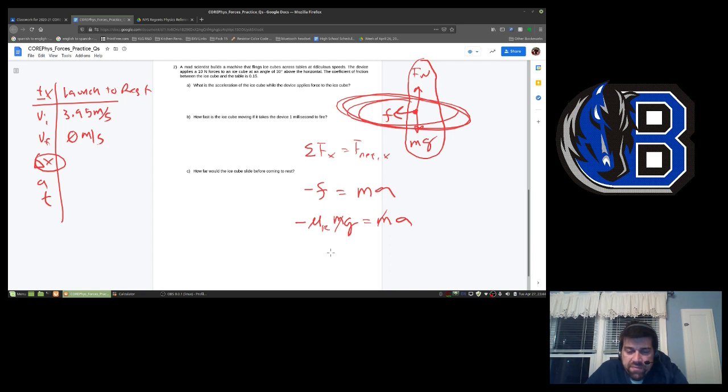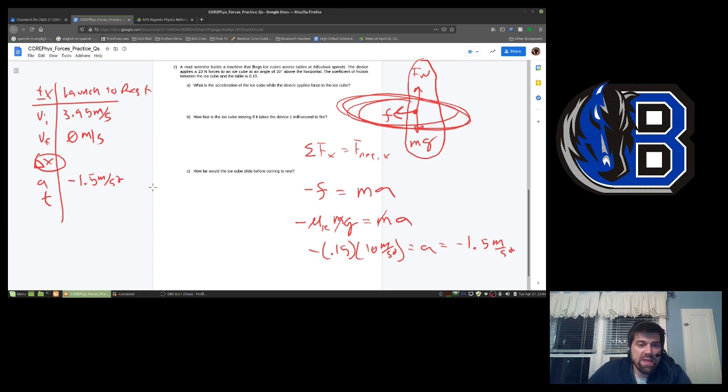The acceleration is my 0.15 coefficient times 10 meters per second squared of gravity. So I get negative 1.5 meters per second squared. And it's negative because it's going to slow down. If that's a positive velocity, I'd expect a negative acceleration if it's going to ever slow to a stop.